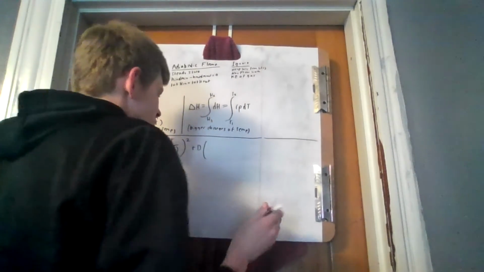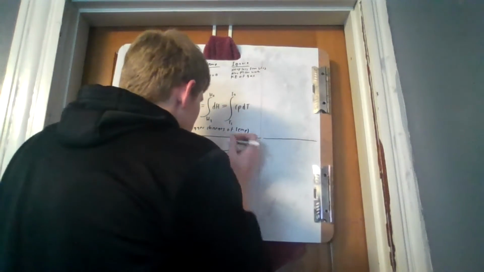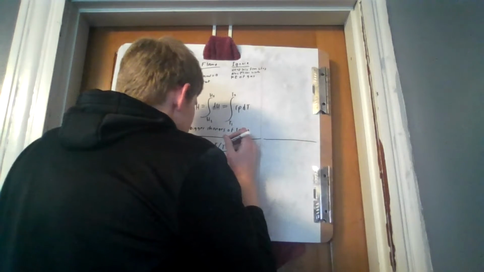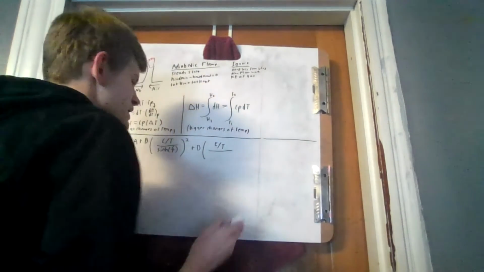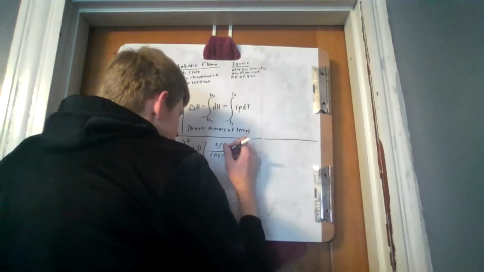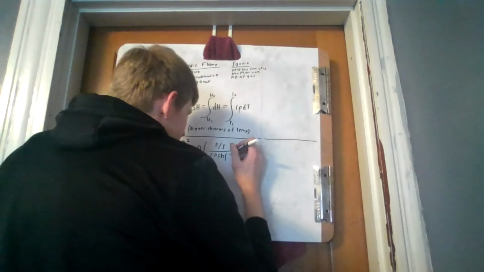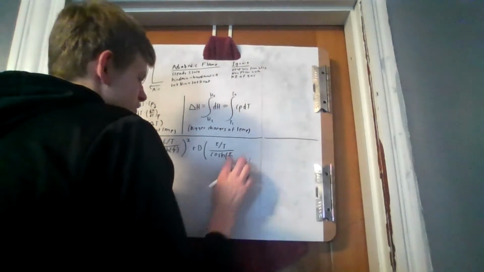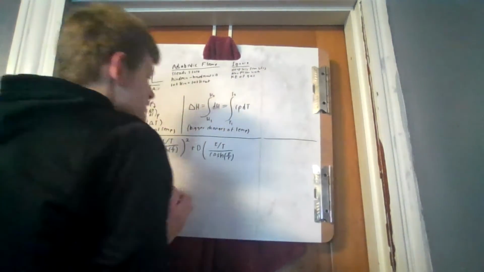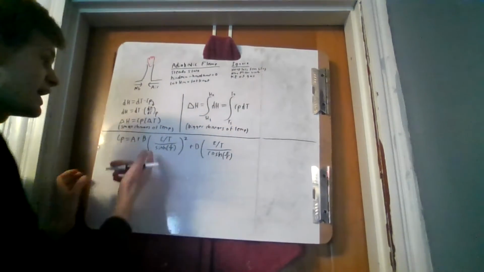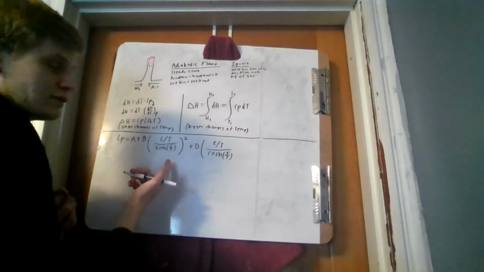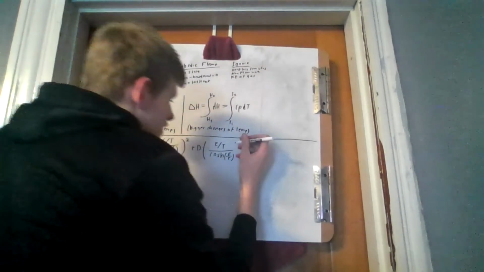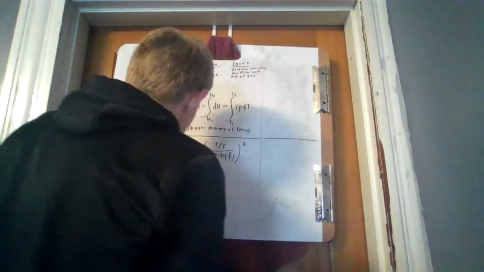So D is being multiplied to an E parameter divided by temperature, and then it's going to be a hyperbolic cosine. Within those parentheses it's going to be the same thing on top again, E divided by temperature, and that whole equation is going to be squared.